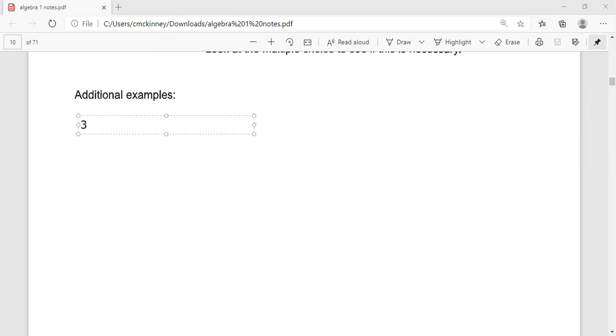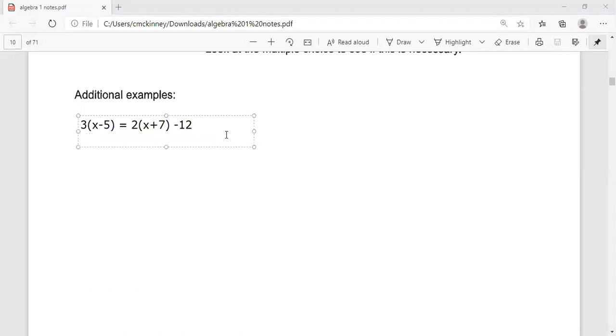So here we go. If I have parentheses, I'm going to have some distributing to do. So 3 times (x minus 5) is equal to 2 times (x plus 7) minus 12. First I want to simplify both sides of the equation.